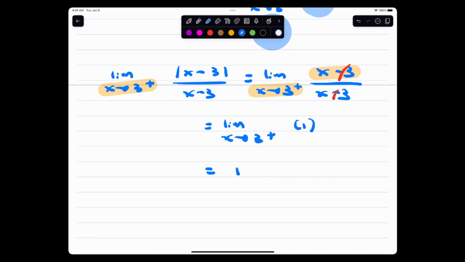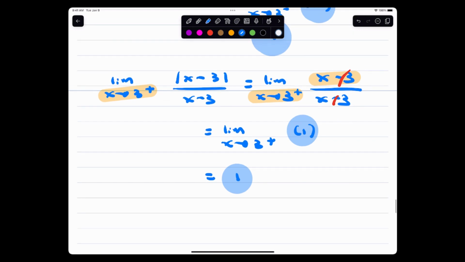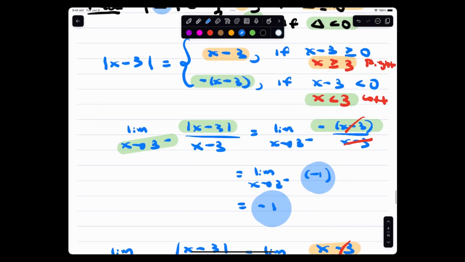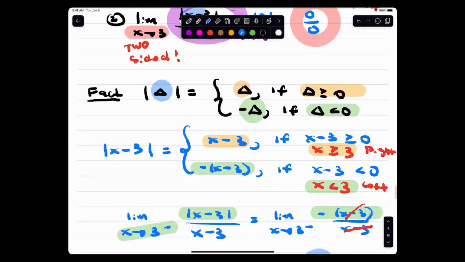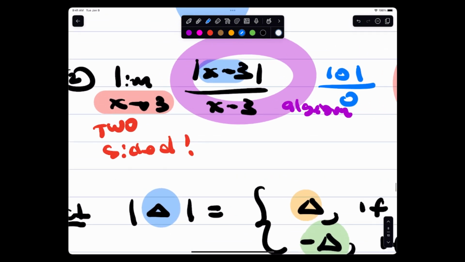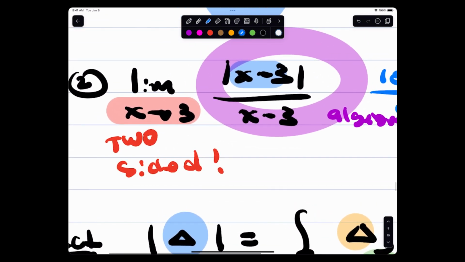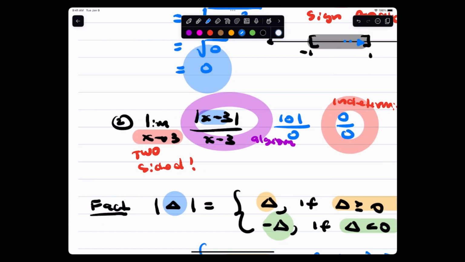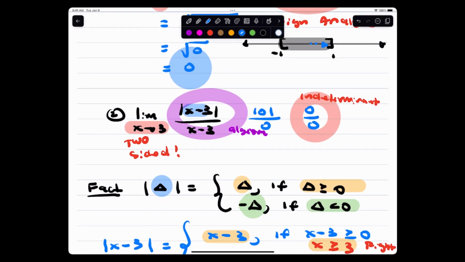So now you have all the information you need, ladies and gentlemen. This is the right-handed limit and the left-handed limit. Because they gave you the question as a two-sided question. If they don't give you the direction, it's two-sided. If they give you the direction, it's only one-sided. Now we have to answer this limit question.